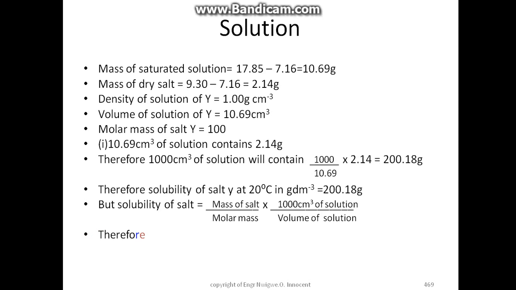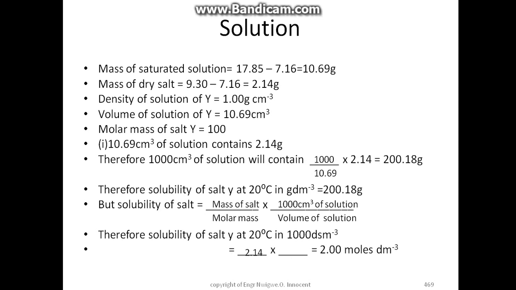Therefore, solubility of salt Y at 20 degrees centigrade in mole per dm cube is equal to 2.14 over 1000 times 1000 cm cube over 10.69, which gives us 2.00 mole per dm cube.